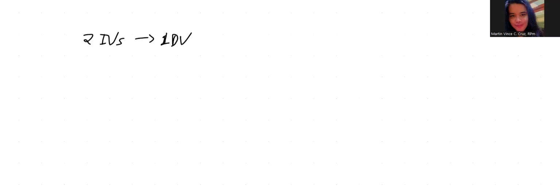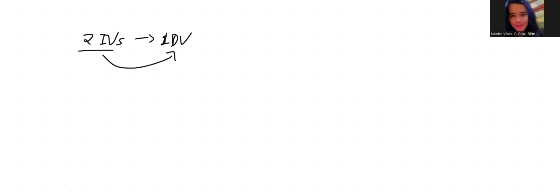And factorial research design actually gives us a big picture of how the independent variables that we have identified play a role on the dependent variable.